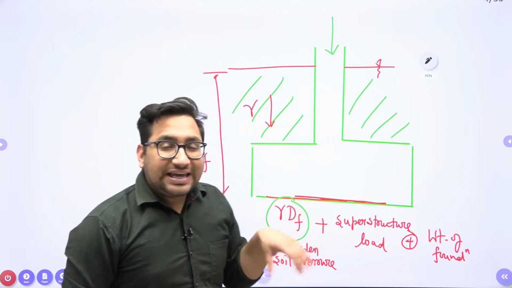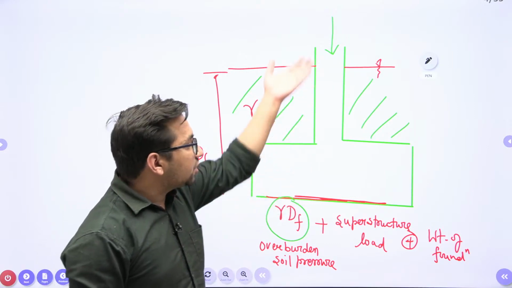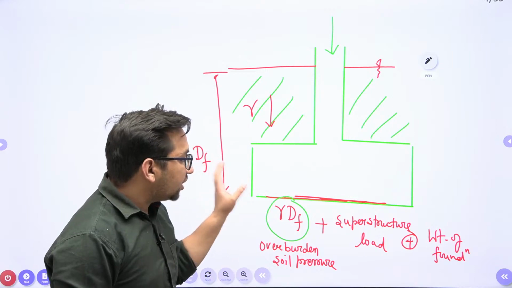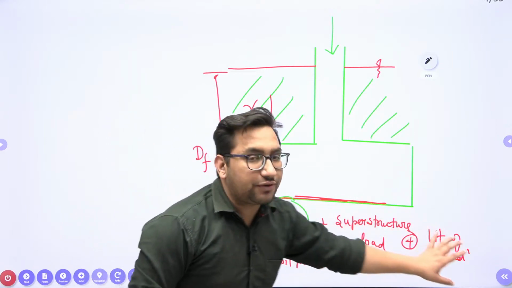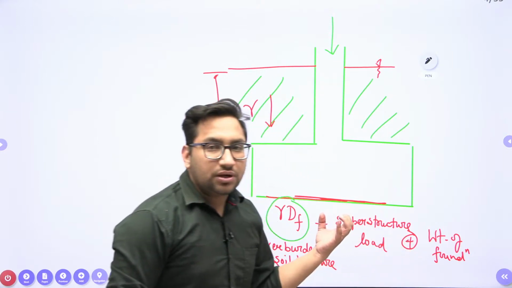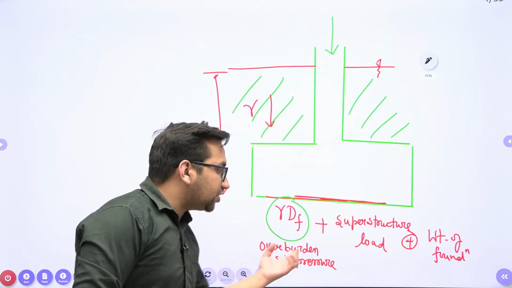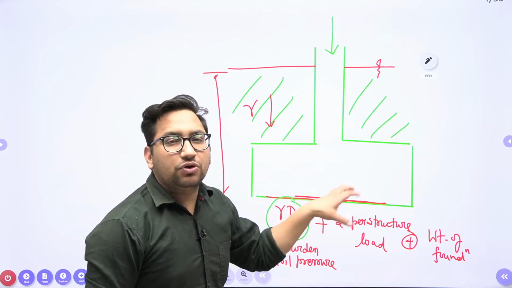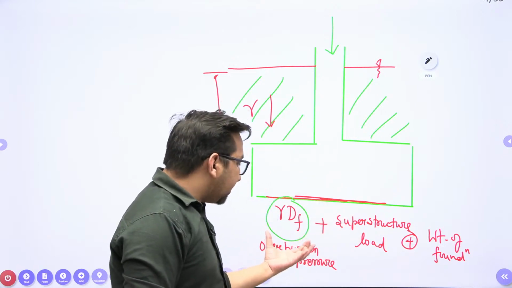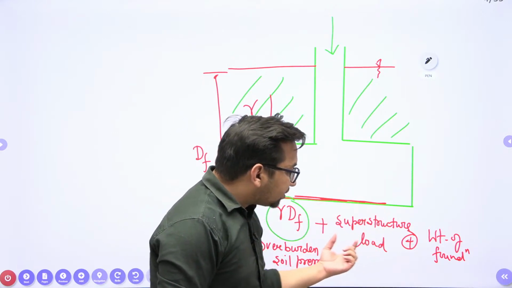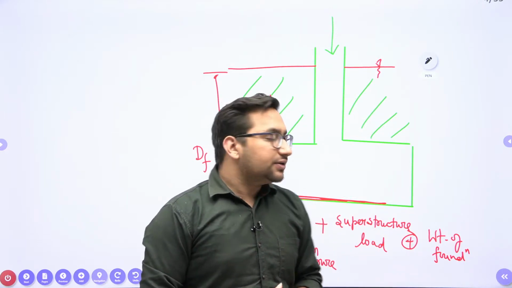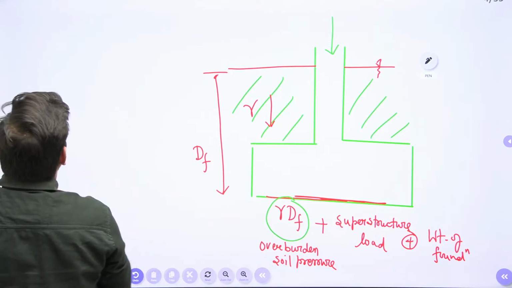So the effective stress value at this point due to our construction will be due to superstructure load plus weight of foundation. So if I only consider this net value, I am not considering this overburden pressure, as it was acting even before the construction of our particular structure, right? So if I neglect this stress value, the stresses due to superstructure load and weight of the foundation will give me the net pressure value or net bearing capacity, right?